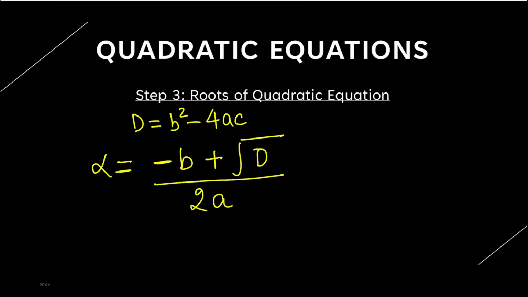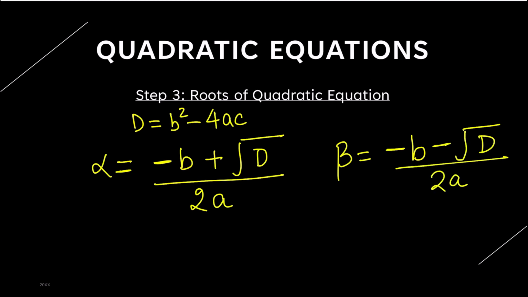I hope this is clear. And the other root will be minus b minus root D over 2a. So the roots will be minus b plus root D and minus b minus root D, each over 2a.